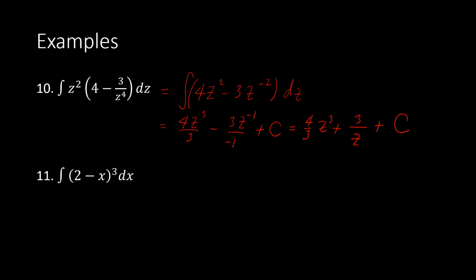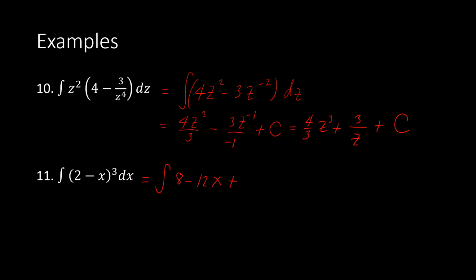Next, the integral of 2 minus x quantity cubed dx. For this one, we expand 2 minus x quantity cubed. That will be 2 cubed or 8 minus 3 times 2 squared, so that will be 12x.